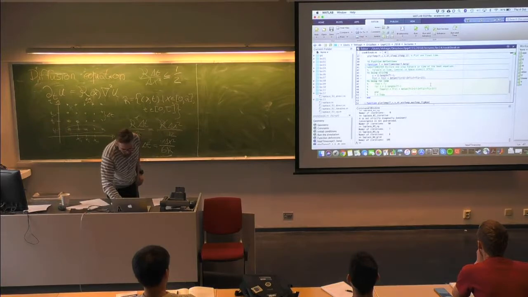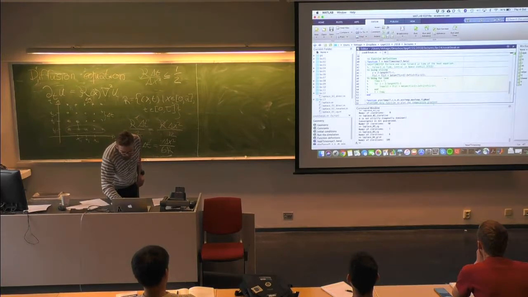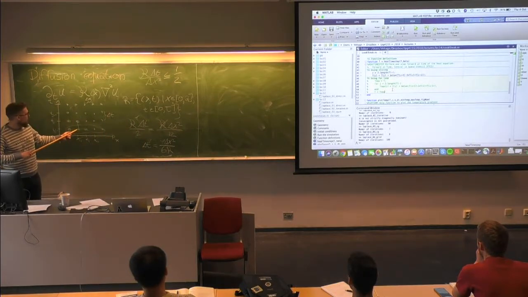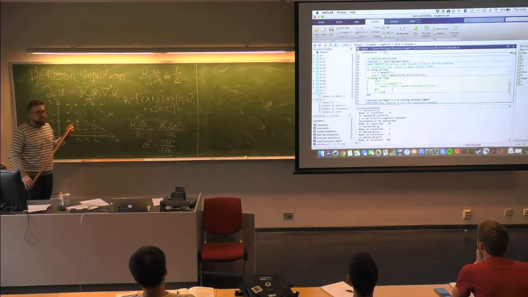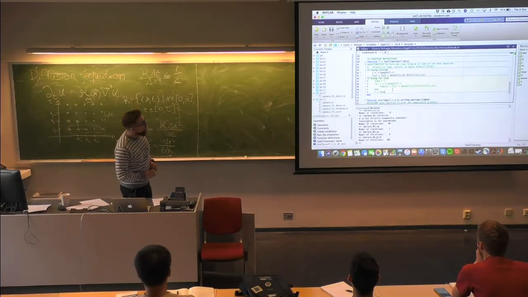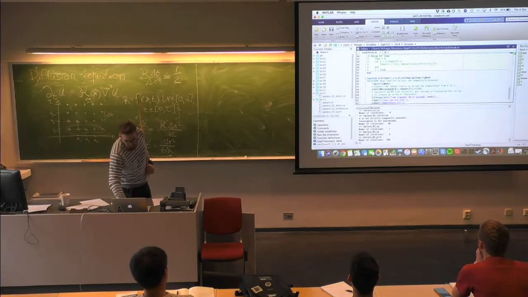I use slicing here, meaning I take an array of the points between here, so this point and this point. That's why it starts at 2 and ends at nz minus 1, or the length of the temperature array minus 1. Then you just have a helper function to plot it.